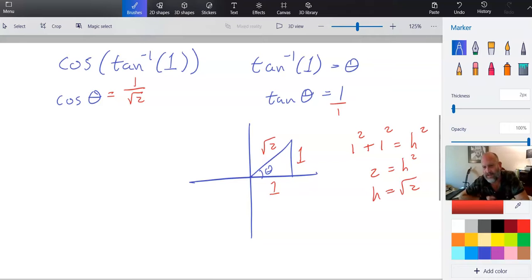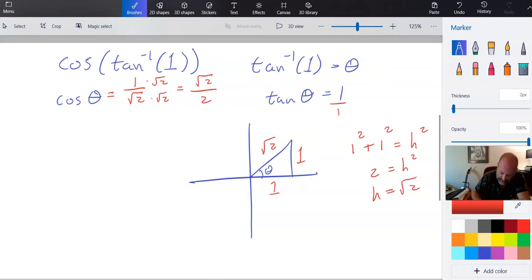And I do want to mention, I know I mentioned it before when we talked about roots, there's nothing wrong with writing 1 over root 2. But oftentimes it's just easier if we have the root on the top. So we go ahead and rationalize the denominator. And if we do that, just multiply by root 2, I get root 2 over 2. Right?